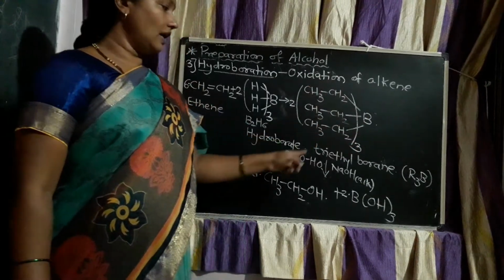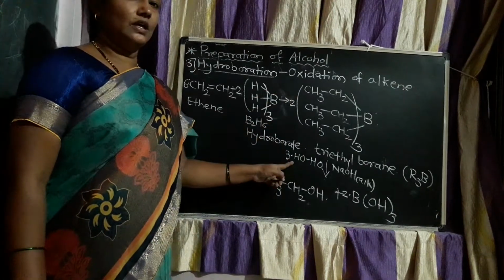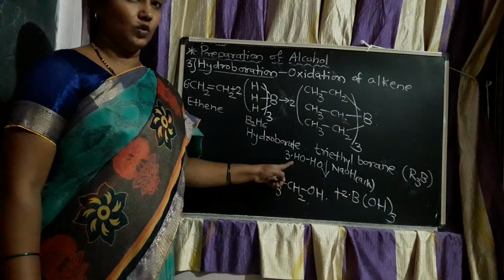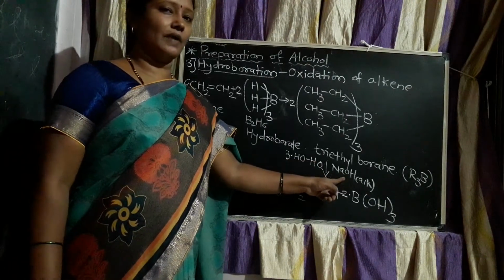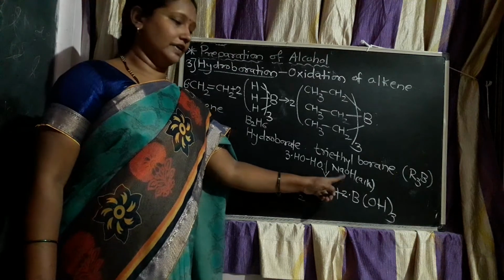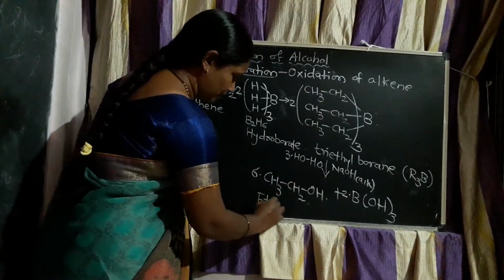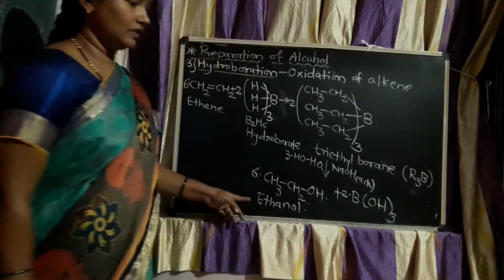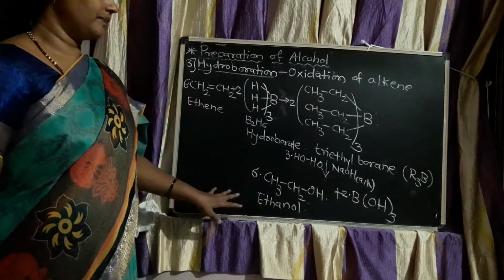Now this trialkyl boron on oxidation with hydrogen peroxide, H2O2, in the presence of alkali NaOH, then forms the alcohol, ethanol, plus B(OH)3. It is the byproduct.